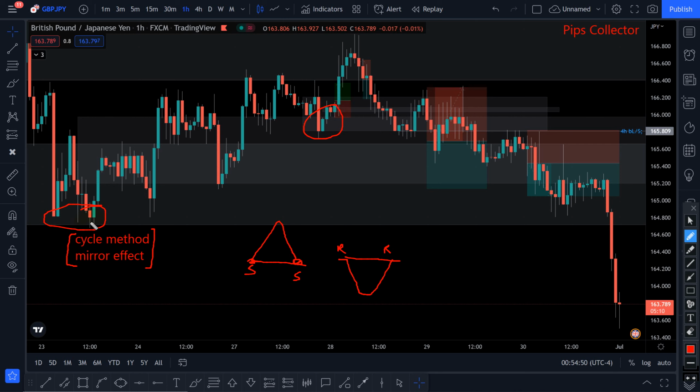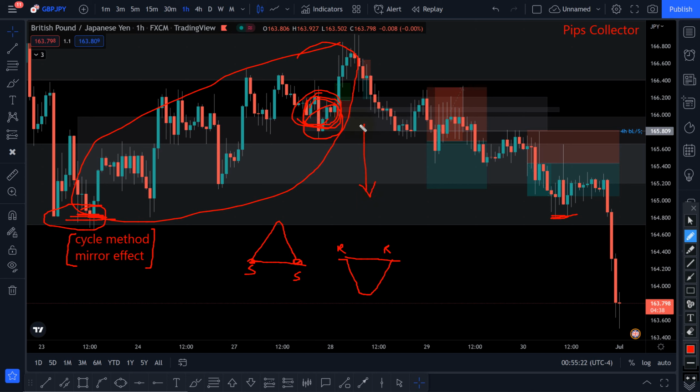It should mirror this bullish market structure down to the base, which is somewhere around here. It's not really at the bottom, somewhere around here. It just tapped it and came up. So the cycle method is: if price takes the last buyers, the last guy who started the buys, we anticipate it to mirror it coming down.